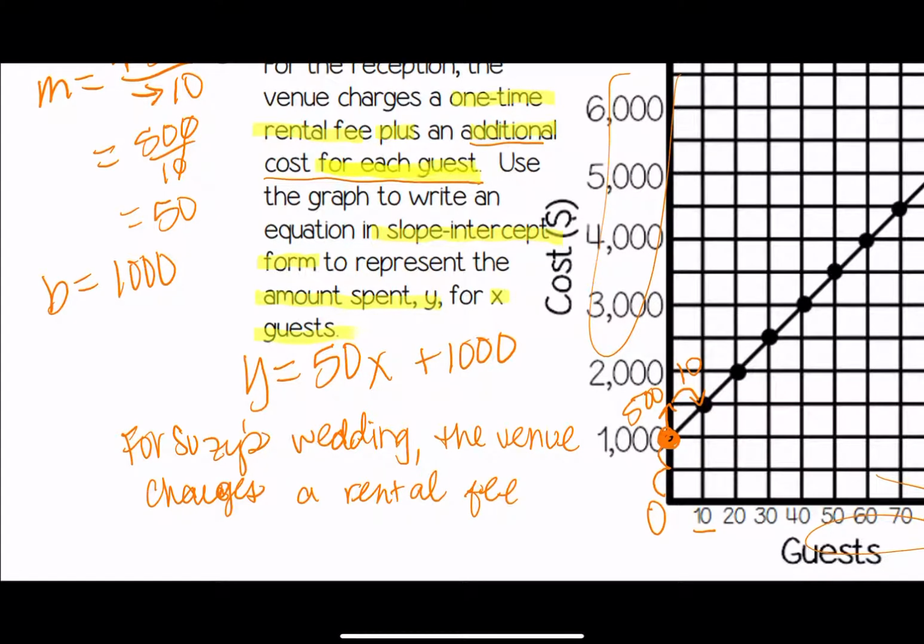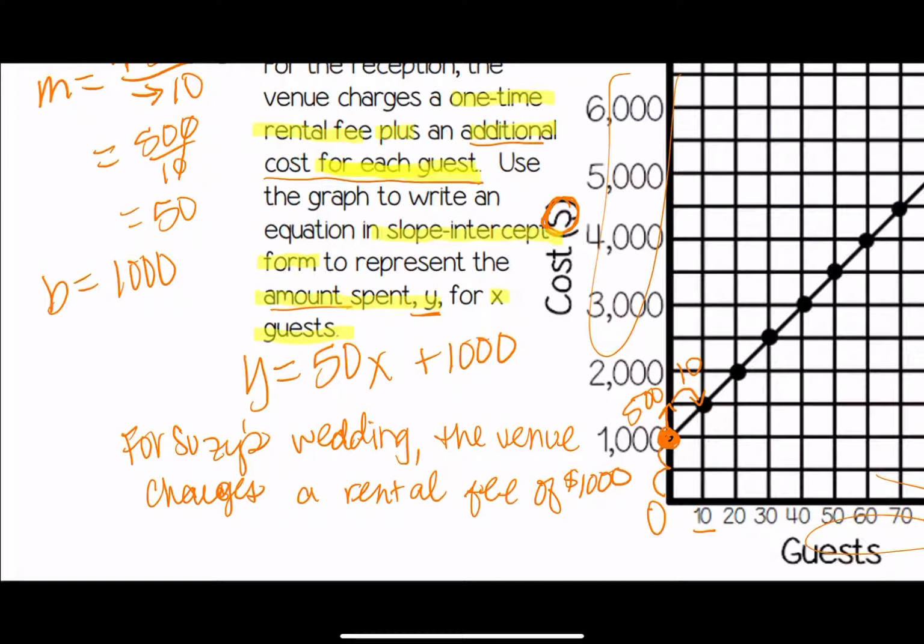A rental fee of $1,000. Remember that y is the amount spent, which means we're talking about cost, and that's money. That's what our output is, and that's why the y-intercept is $1,000 and not people, because it'd be weird if they did that.